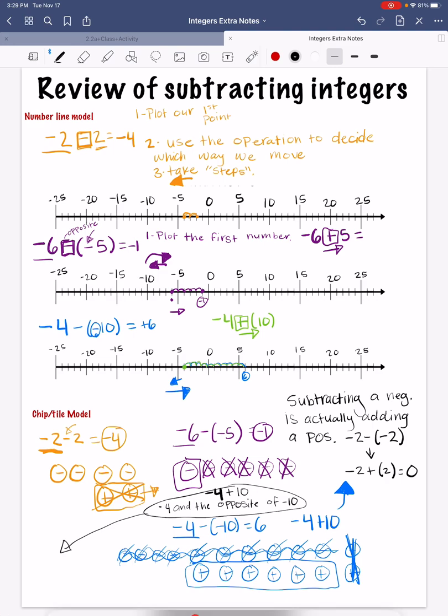We're going to draw 4 negatives, 1, 2, 3, 4, and 10 positives, 1, 2, 3, 4, 5, 6, 7, 8, 9, 10. Cancel out the ones that cancel out because we're adding, so we cancel out first, and we're still left with +6.